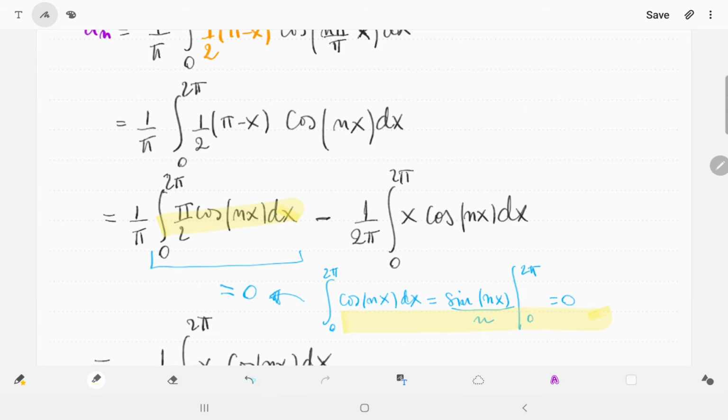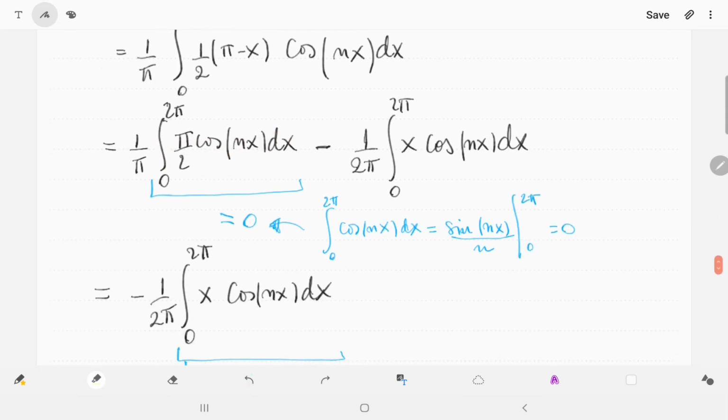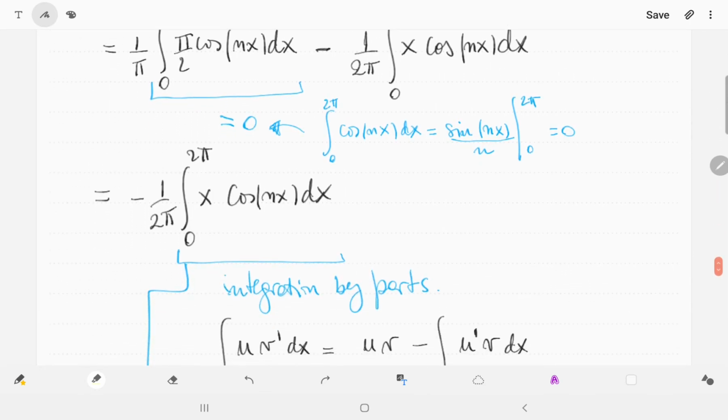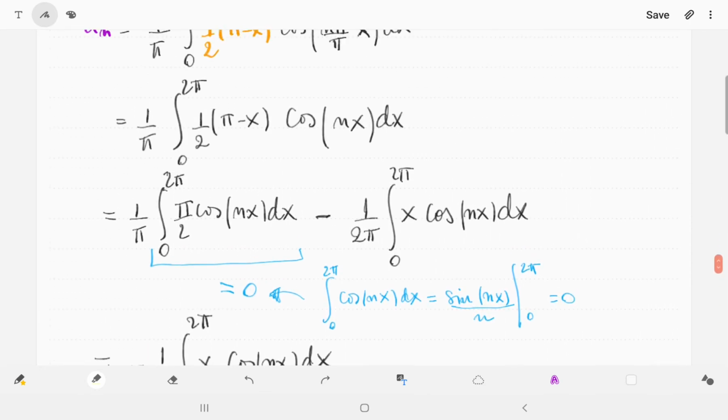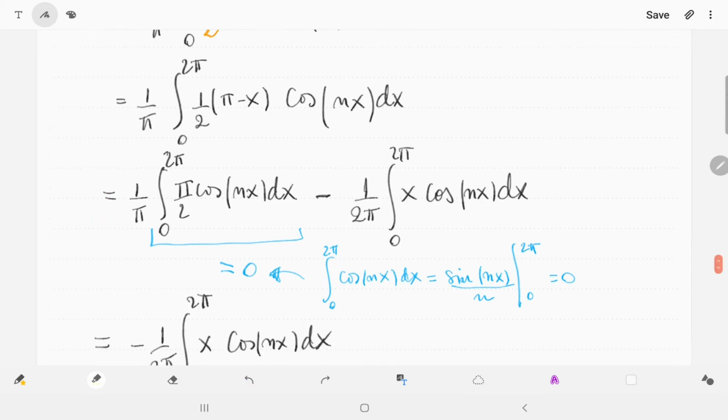We have an antiderivative of cosine nx, and then we evaluate at the extremes, and notice that this is equal to 0. Here we are not using integration by parts; we are just distributing the pi and the x. But if you want to save some computation, we can also use integration by parts in this step instead of distributing.